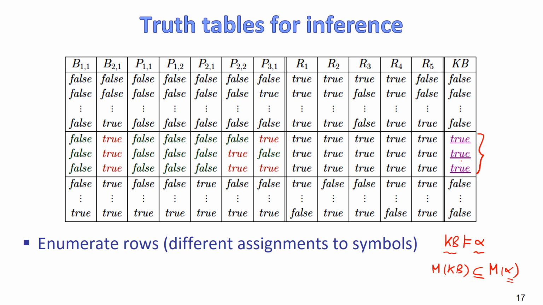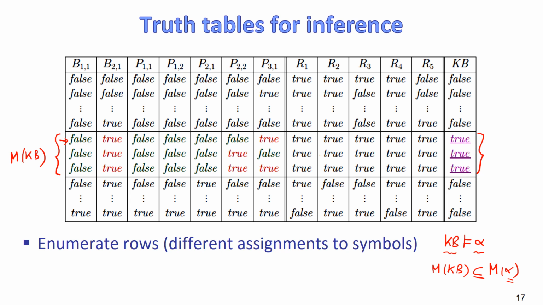That means that these are 3 models in which the knowledge base is true. What is a model? If you remember from last time, a model is a specific assignment to the variables. So each row here has an assignment for every variable, and each row in that table is a model. But these 3 rows are the models of the knowledge base, because the knowledge base is true only in these 3 rows.